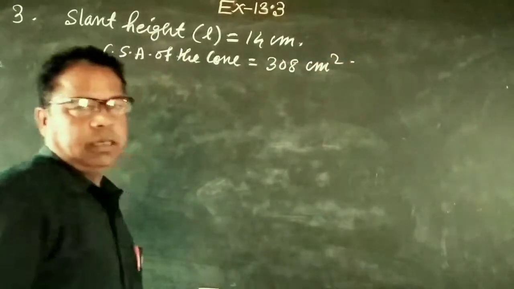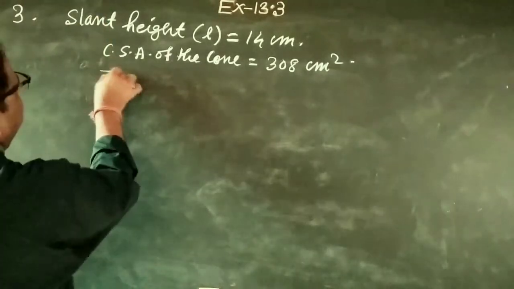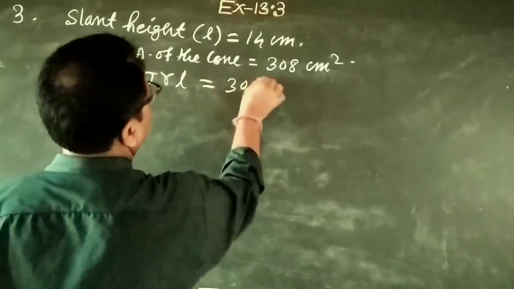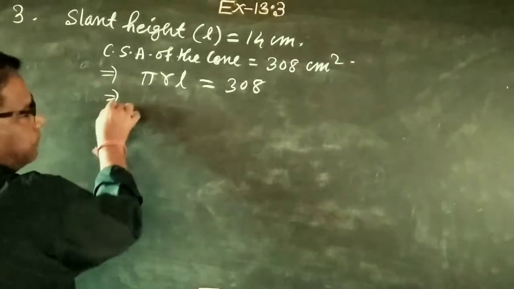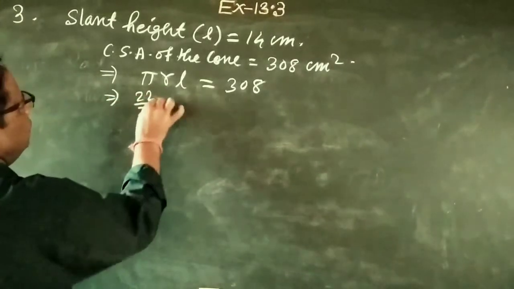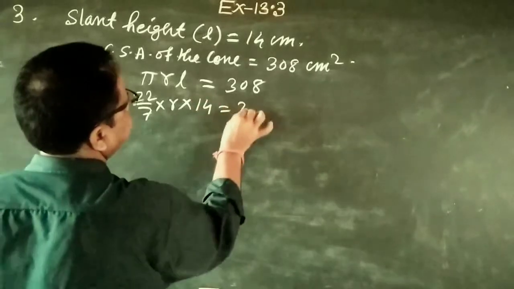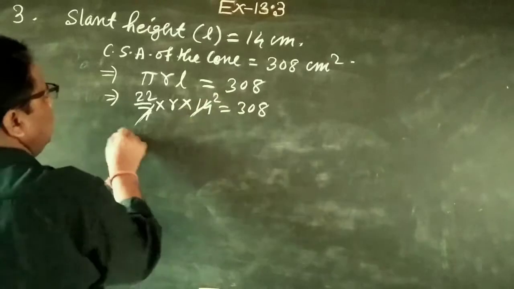The curved surface area formula is pi r L, so pi r L is 308. From here we will take out the radius. Pi value is 22 by 7, into radius which is unknown, into slant height, which is 14. 308. 7 twos are 14.